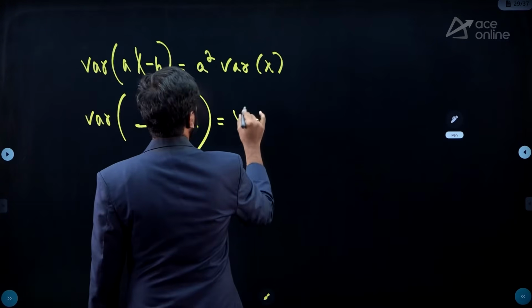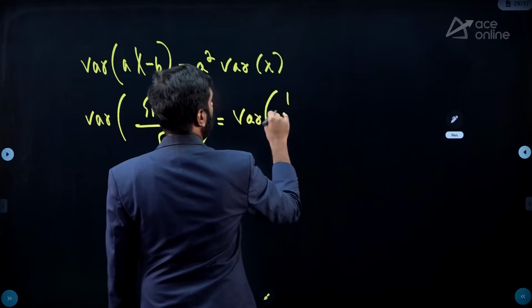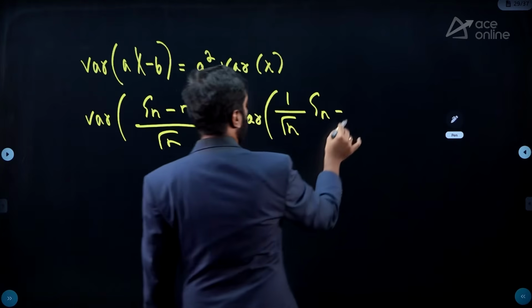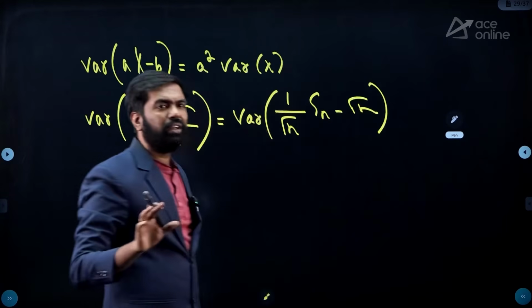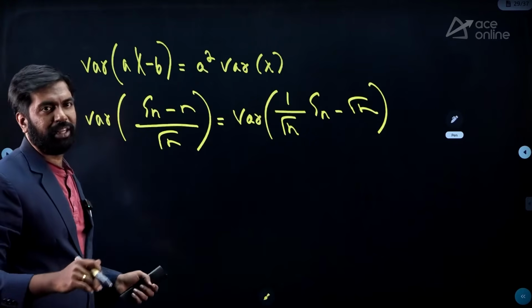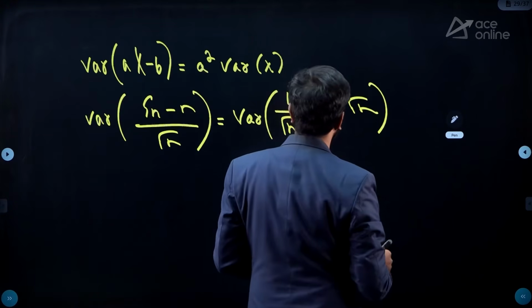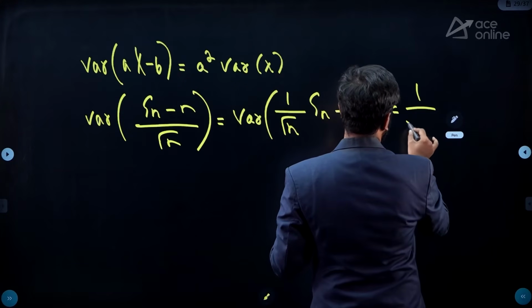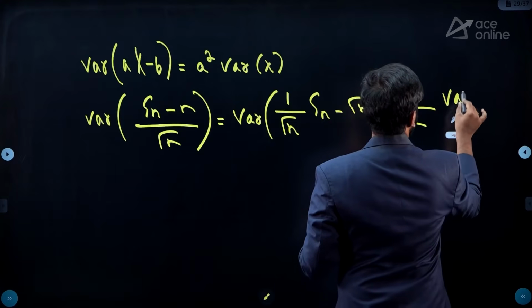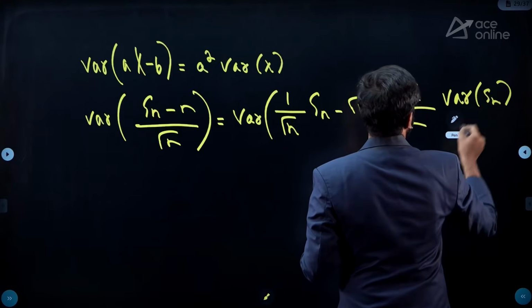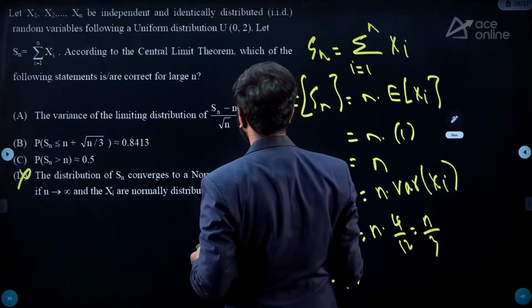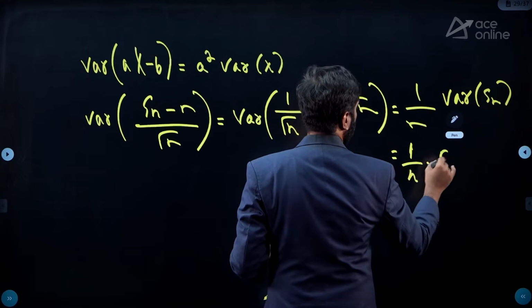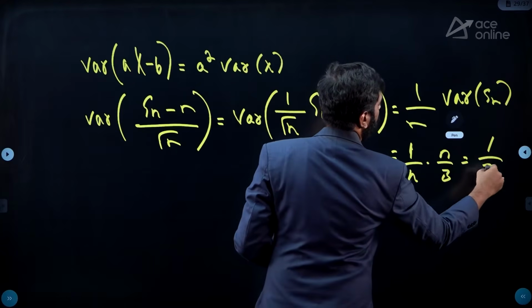You can split this as variance of (1 by root n) into (Sn minus n). This now clearly resembles the variance of ax minus b. What is the variance of ax minus b? It is a square. So the square root and n cancel. It is 1 by n into variance of Sn. What is the variance of Sn, students? N by 3. So it is 1 by n into n by 3, which gives you the answer 1 by 3.